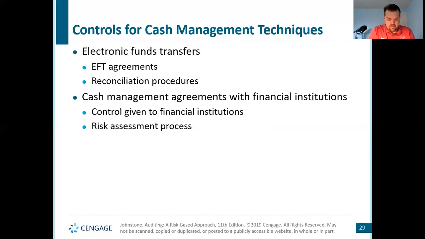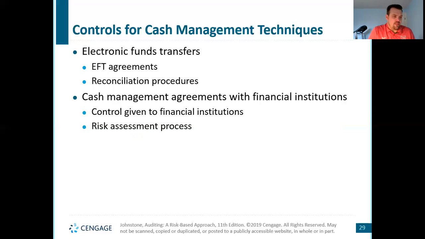Cash management agreements with financial institutions. A lot of times, companies will allow financial institutions to use their money that's in the bank for other things. Why? Because idle cash doesn't earn any money. So leaving my cash somewhere, even overnight, that money's not doing anything. Whereas if they clean it out every night, or maybe just once a week, and invest it somewhere even for a weekend, that earns something.